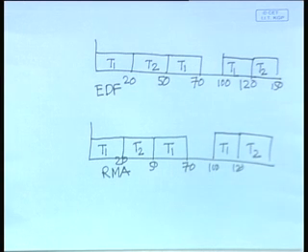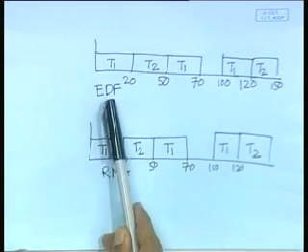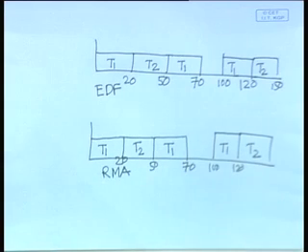So, just construct one example of a task scenario where RMA and EDF will have different schedules. Please think about the basic principle behind EDF and RMA, their schedulability, that is the scheduling constraint, and that should give you some hint.